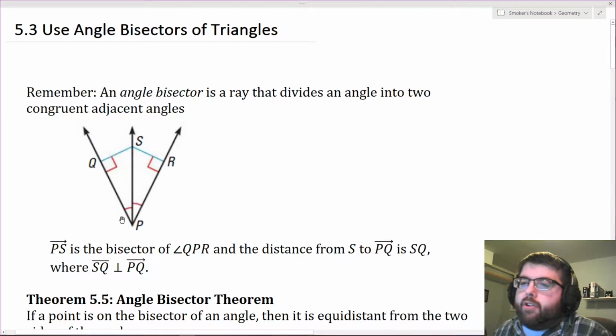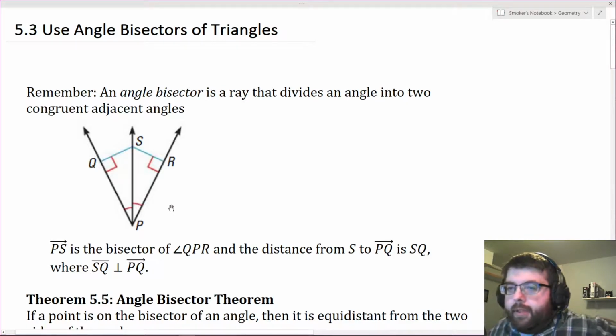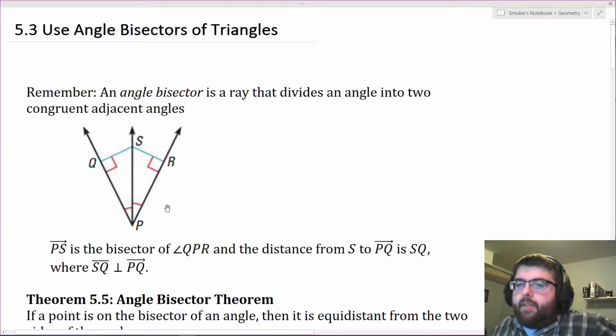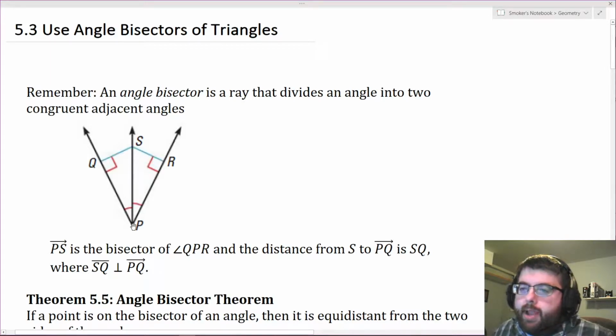So if you have this larger angle, the angle bisector is the ray that cuts this larger angle exactly in half. In this case, ray PS is the bisector of QPR.